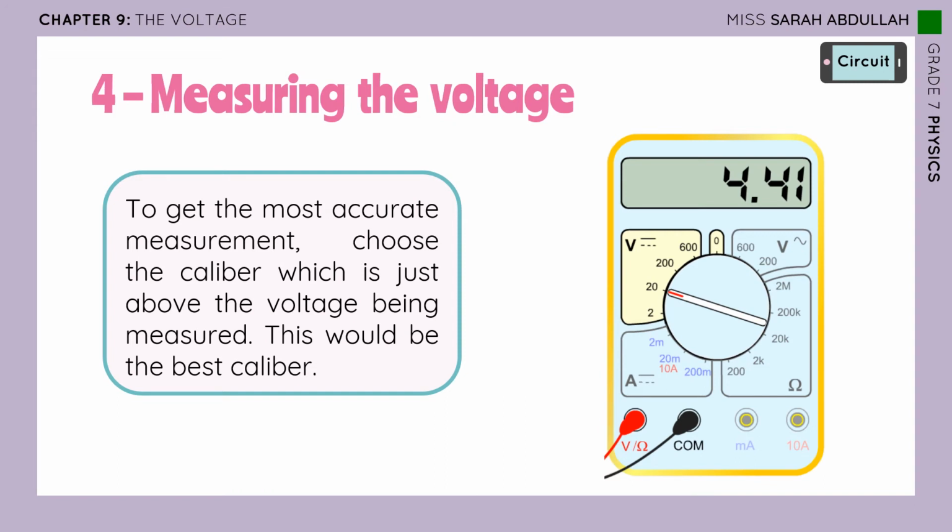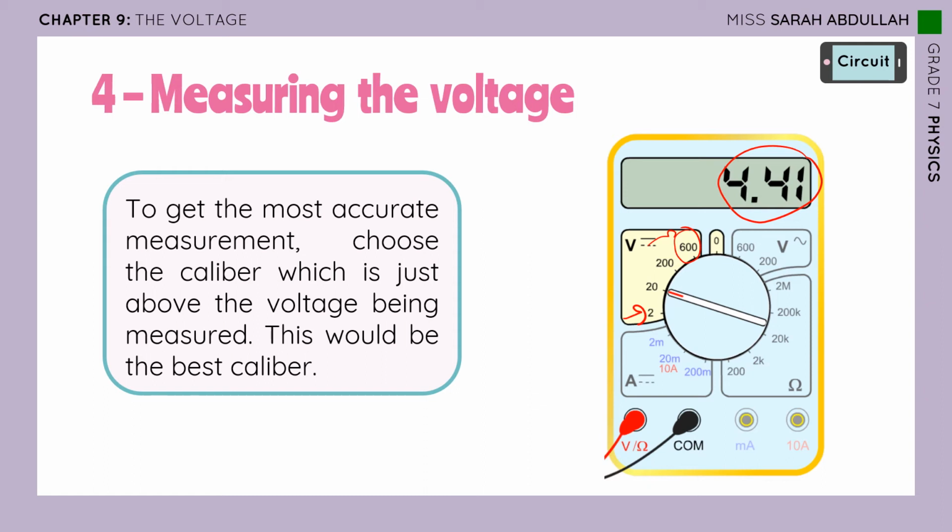Okay, now how about the calibers that I have here? I will not explain them in details as I did with the ammeter, but it is basically the same thing. We need to start with the biggest caliber. Each caliber is the maximum value that the voltmeter can read. So if you chose a wrong caliber, let's say a 2, and you're reading a 4.41, then the voltmeter will not give you a correct value, and if you keep it for long, it might get damaged.